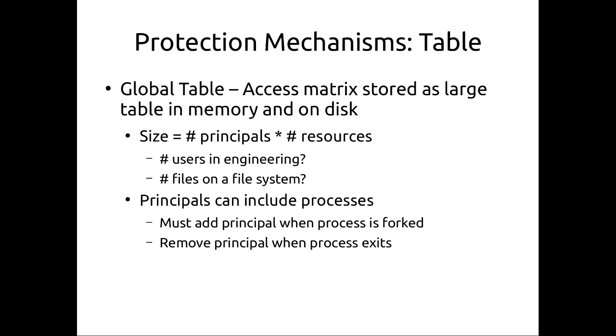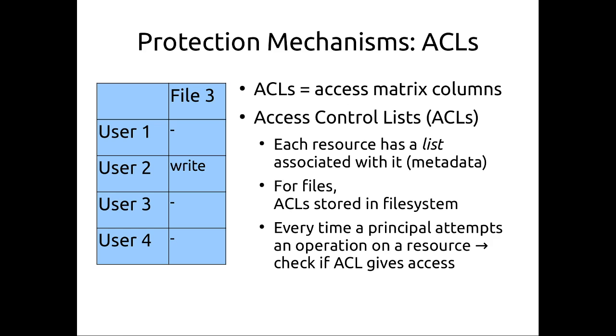So the global table is not generally that useful, but thinking of the system in terms of this table can be useful. And we can derive two different mechanisms for implementing essentially this access control matrix style permission checking within a reference monitor. The first of them is access control lists, or ACLs. And an access control list is essentially a column within the access control matrix.